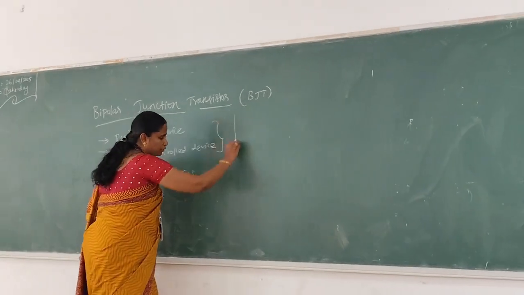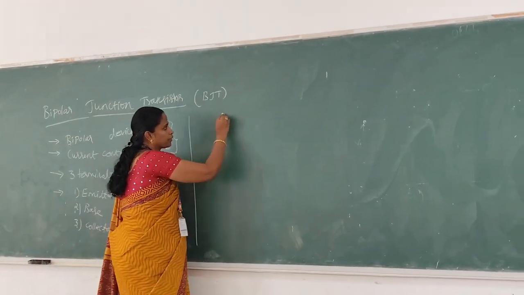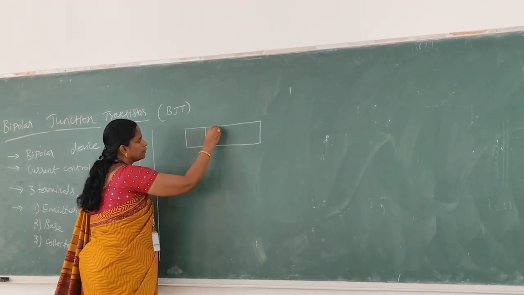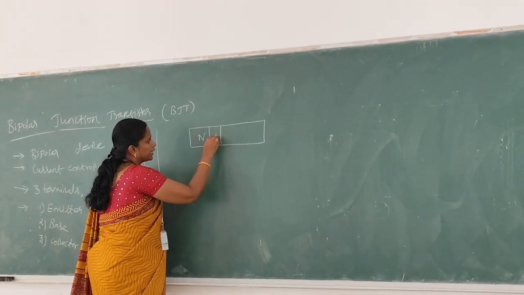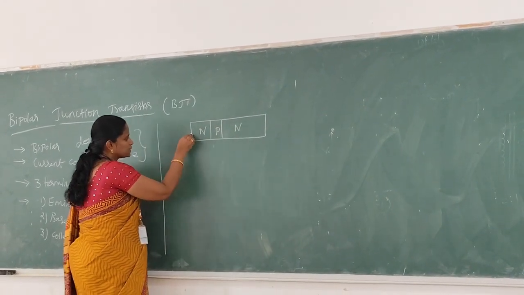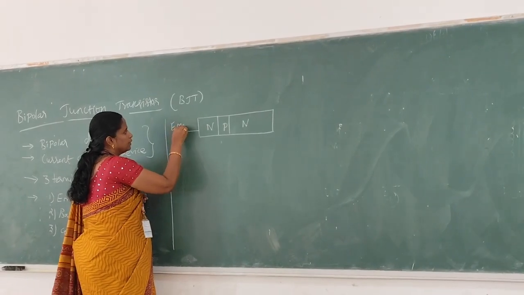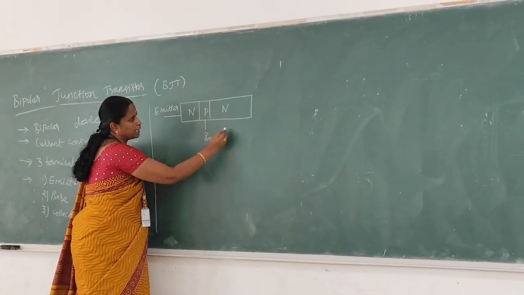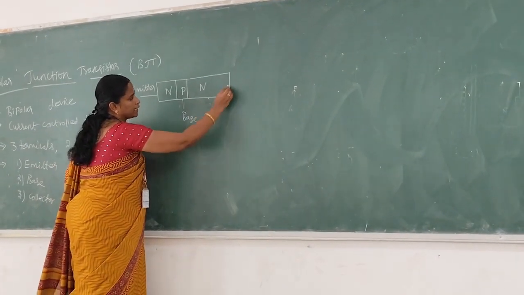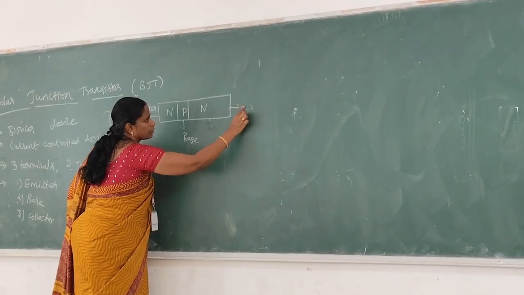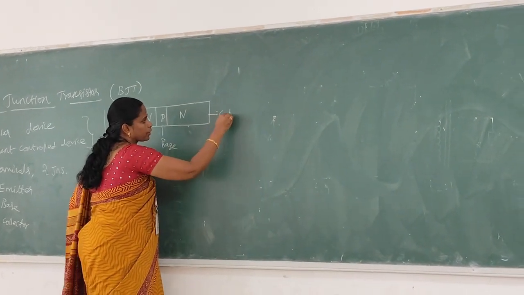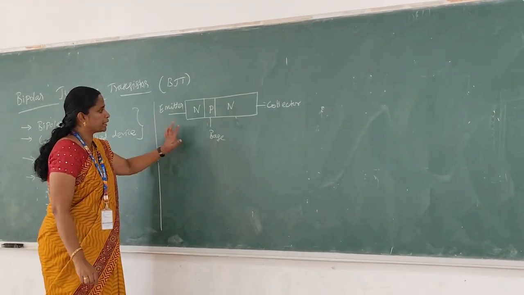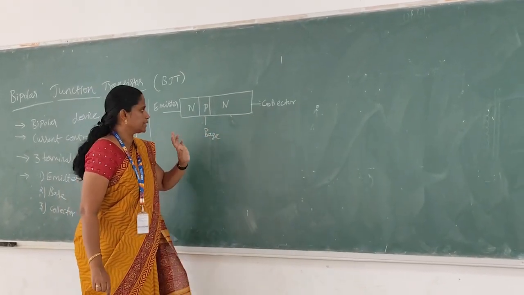The structure of this device is NPN. This terminal is the emitter, this is the base, and this is the collector.